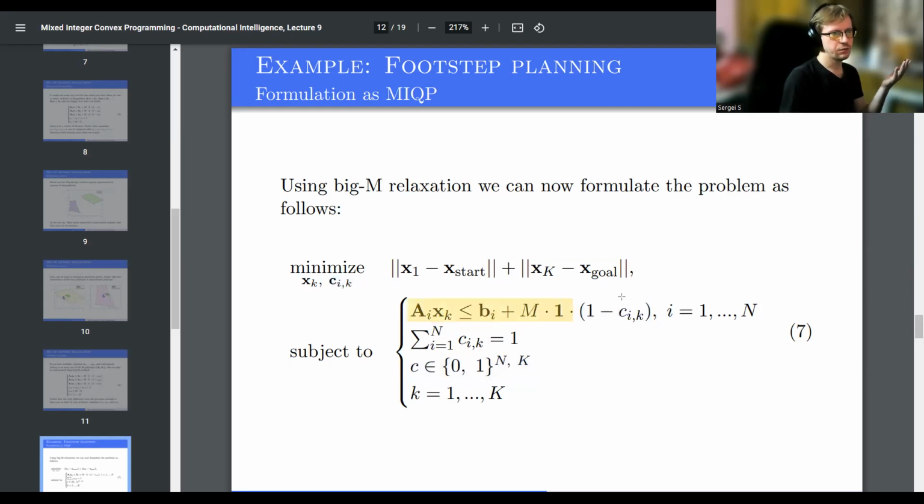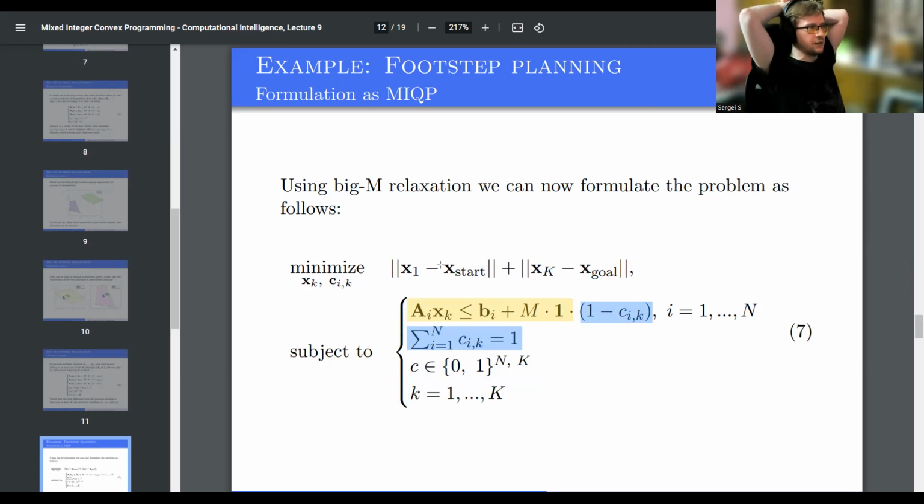big M relaxation. We have binaries, and the choice variables for all regions have to sum to 1. That's it. It's simple. And this is all we need to do to plan footsteps, or a discrete path, whatever you want to call it, from point A to point B on a non-convex set.